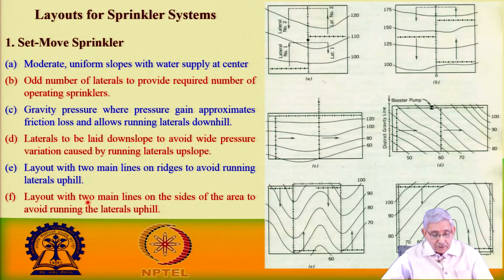So, the layout with two main lines on the sides of the area field is to avoid running the lateral uphill. Instead of taking the lateral uphill, this can be made.